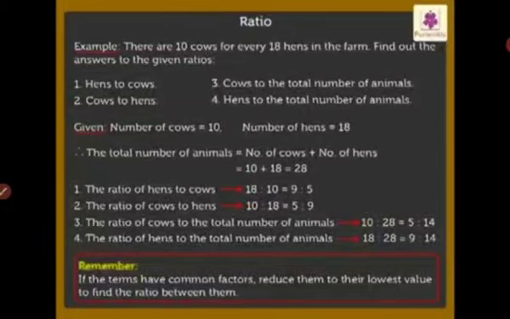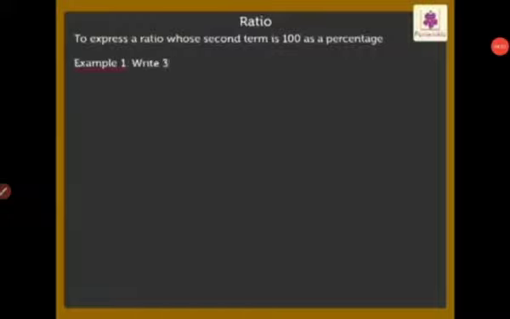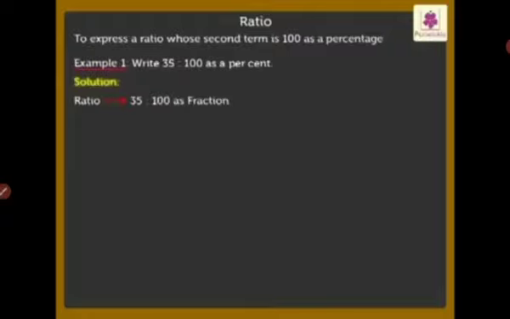Now, let us see how to express a ratio whose second term is 100 as a percentage. Write 35:100 as a percent. Firstly, write 35:100 as a fraction, that is 35 upon 100.